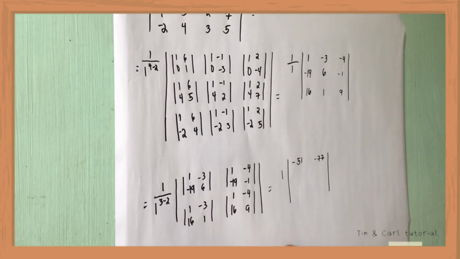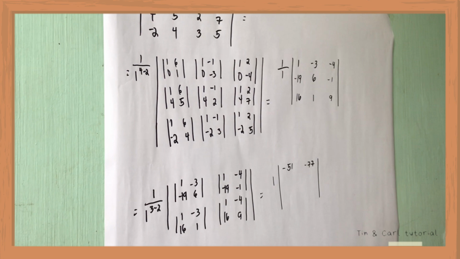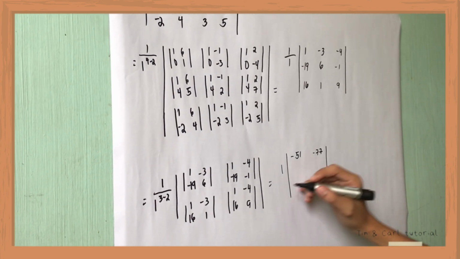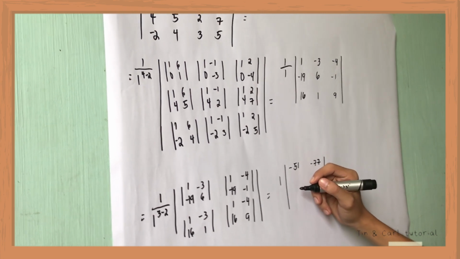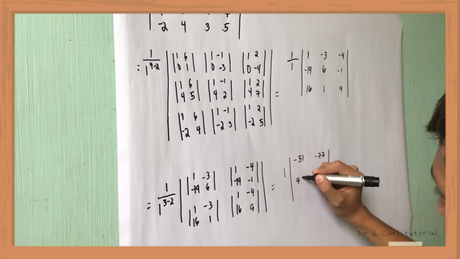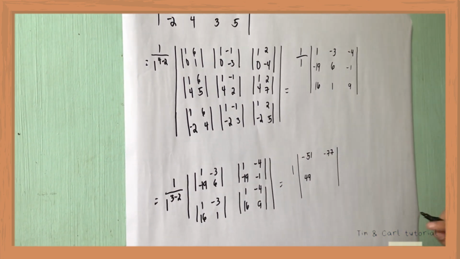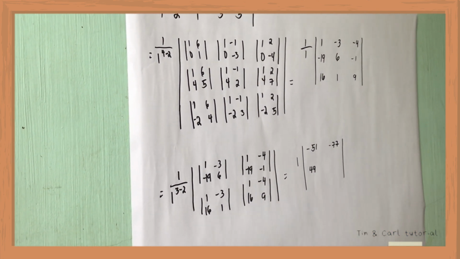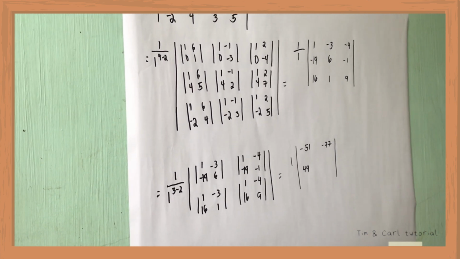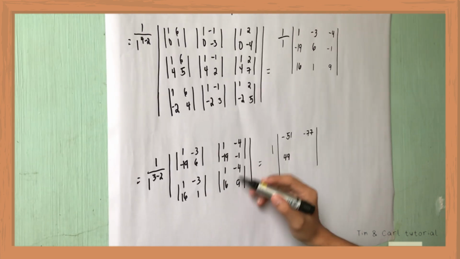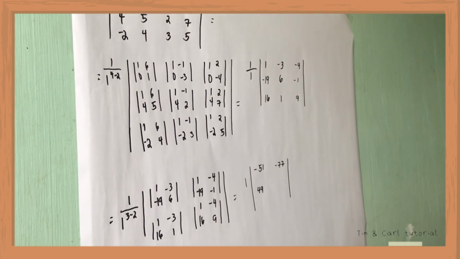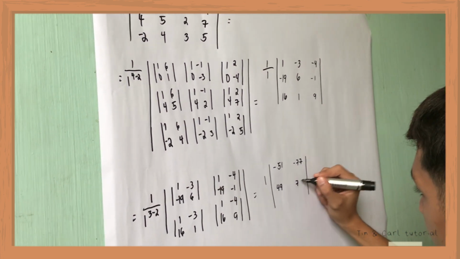And then 1 multiplied by 1 is 1. 16 multiplied by 3 is 48. 1 minus negative 48 is 49. 9 multiplied by 1 is positive 9. 16 multiplied by 4 is 64. Negative. So, magiging positive niyan. 64 plus 9 is 73.